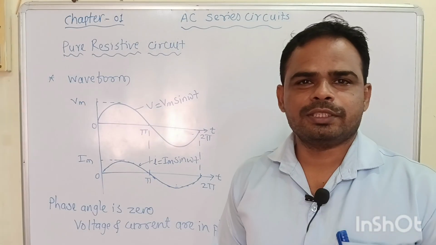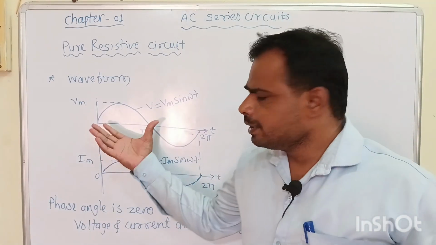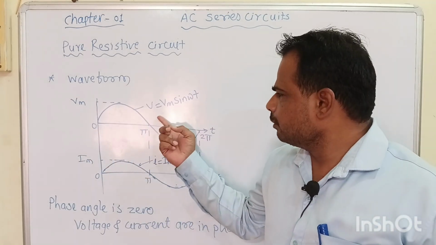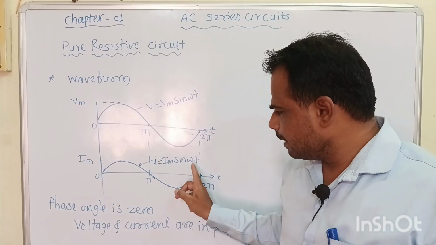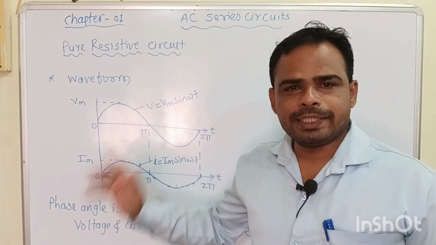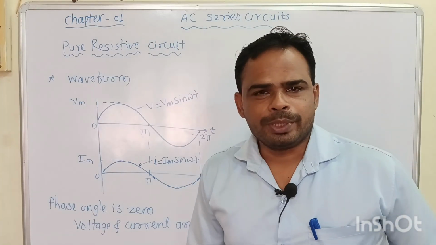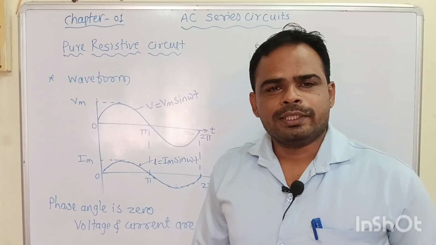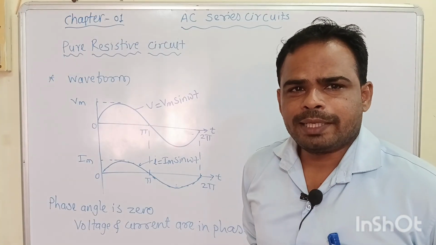Let us see the waveform in pure resistive circuit. See here, this is the waveform of voltage V is equal to Vm sin omega t and this is the waveform of current I is equal to Im sin omega t. In resistive circuit, voltage and current are in phase, means the phase angle phi is equal to 0. Both voltage and current start at the same point.